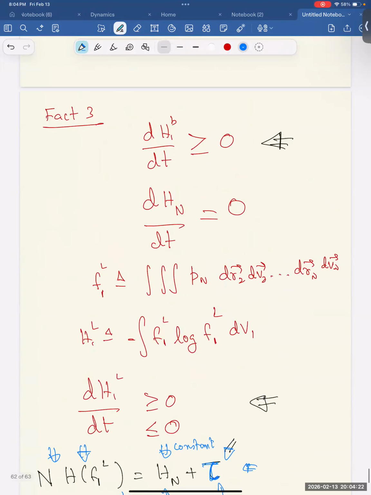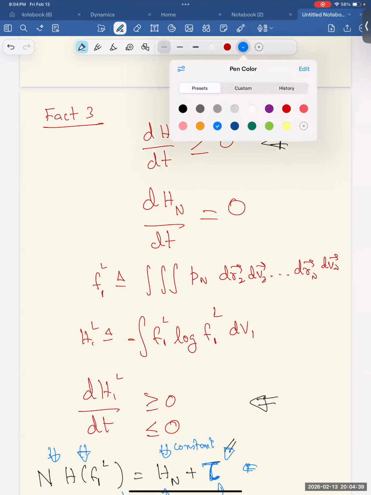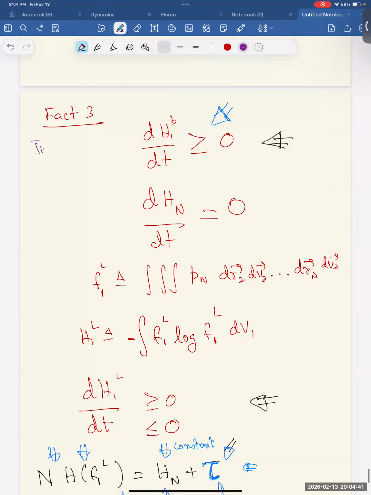Okay, whereas the Boltzmann entropy is always greater than or equal to 0, because you have actually built irreversibility, or you've basically broken time symmetry here. So time symmetry is broken by the molecular chaos assumption.